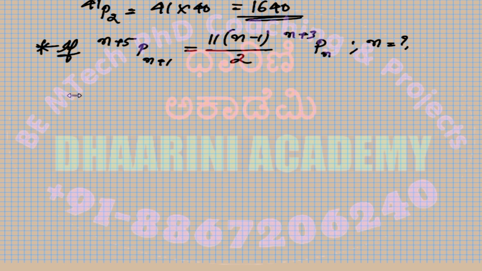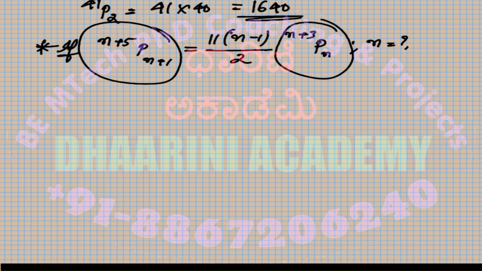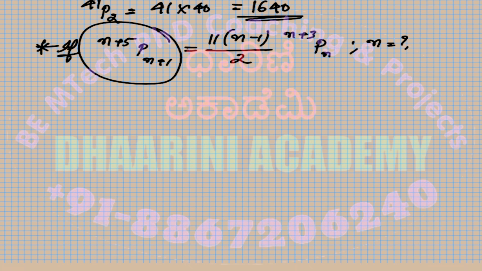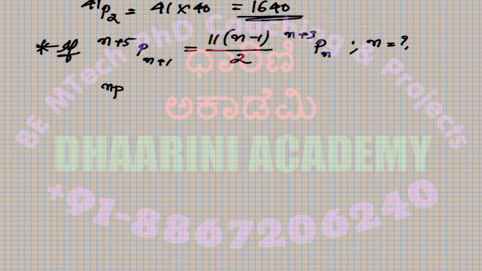Okay, so the solution is, whenever you see two of something like nPr, you try to bring it into the same side so that you can apply some of the properties, because most of the properties have those terms on the same side. Okay, let me write this.